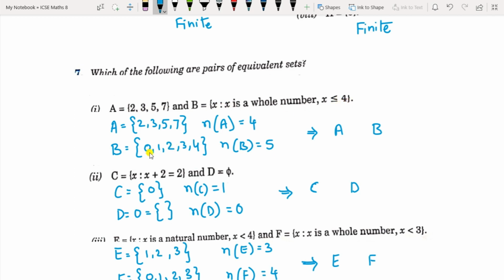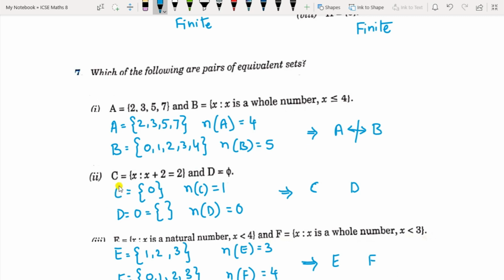So less than or equal to 4 means whole numbers 0, 1, 2, 3, 4 and A is 2, 3, 5, 7. The cardinal number of A is 4 and that of B is 5. So these are not equal. So you have to write, this is not a pair of equivalent sets.